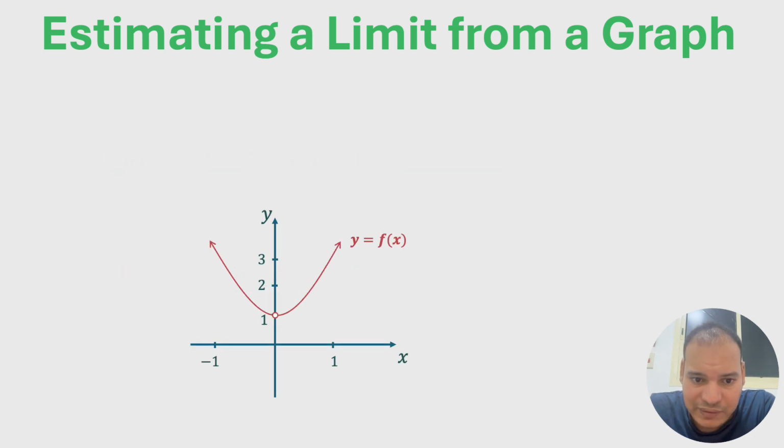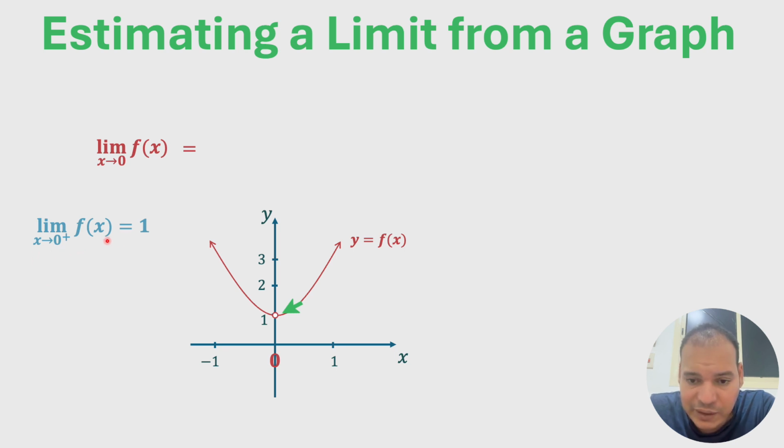Okay, we have this graph again. So the limit of f of x when x equals 0. Let's do it mathematically. How can we answer this? First, we need to find the limit when x approaches 0 from the right.